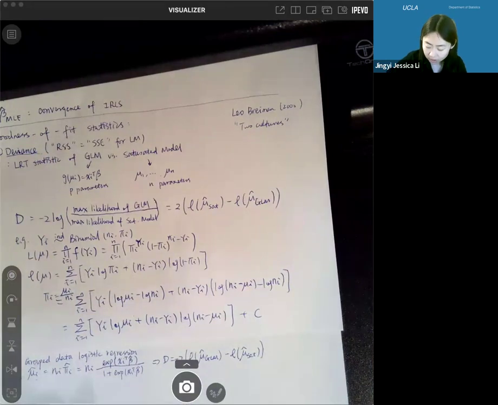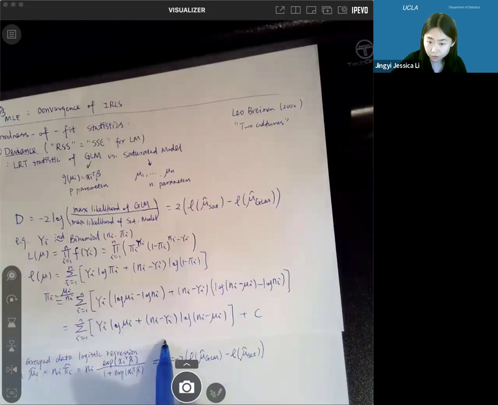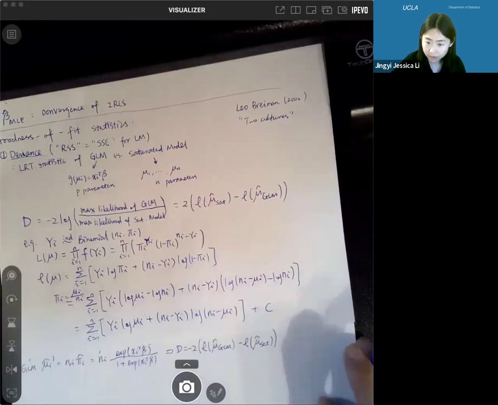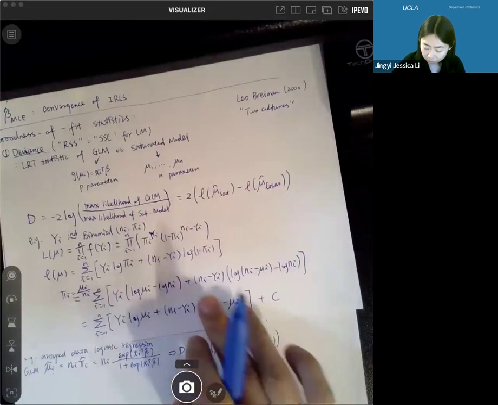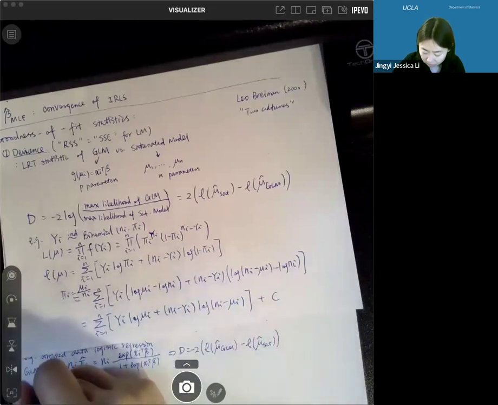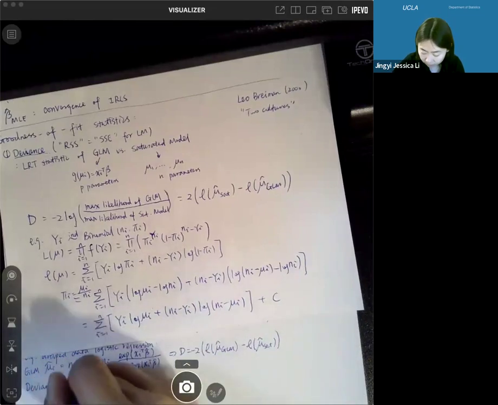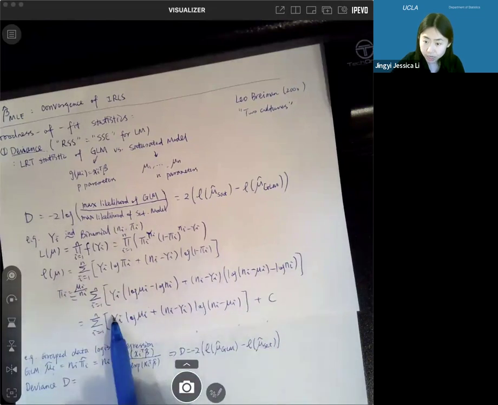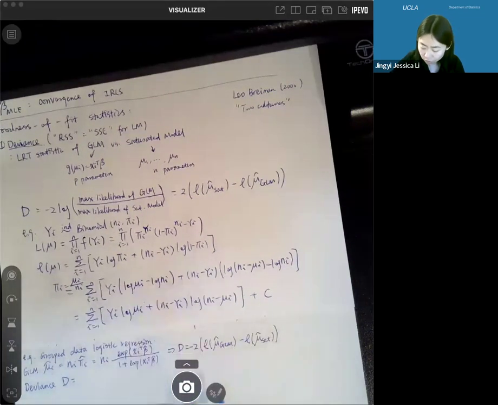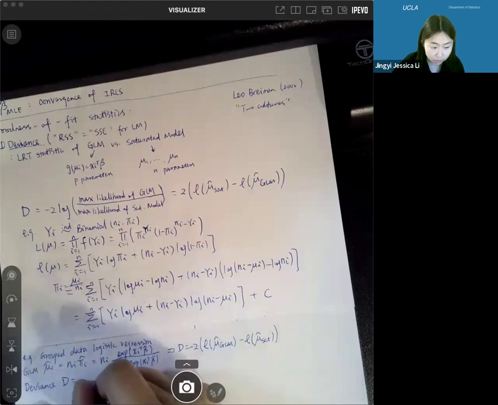Let's continue. Let's use this log likelihood formula to write down the deviance, okay? The deviance is just 2 times this thing using the saturated model minus 2 times this thing using the GLM. Essentially, I will just give you the answer.